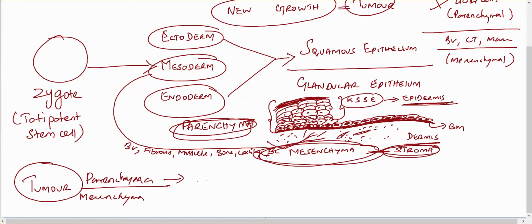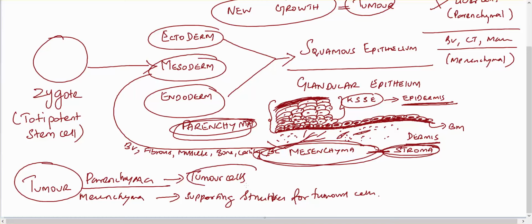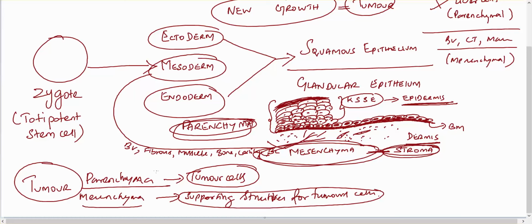Parenchyma is the tumor cells, and mesenchyma is the supportive structures for the tumor cells, because the tumor cells also need blood supply to grow. So the tumor also has two components: parenchyma, which belongs to the tumor cells, and mesenchyma, the supportive structures to the tumor cells.